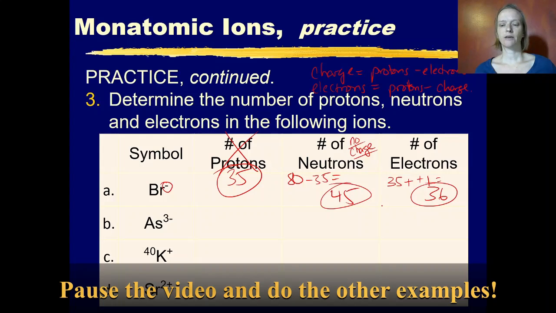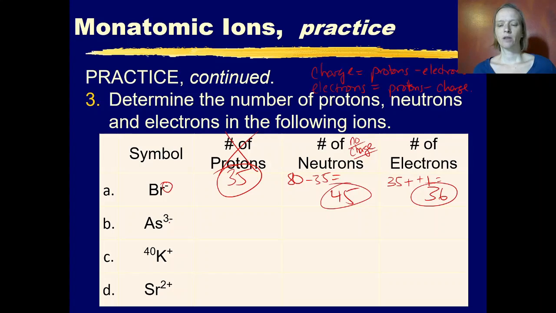Let's look at arsenic. Arsenic with a charge of -3. Arsenic is element number 33 on the periodic table. And if I want to know the number of electrons, I have to do 33 minus -3. Again, I'm subtracting a negative, which is the same as adding a positive. It has 36 electrons.